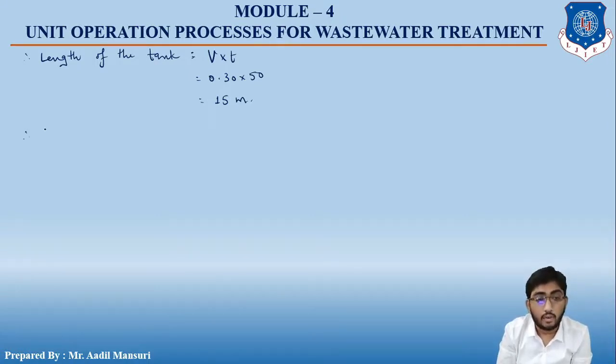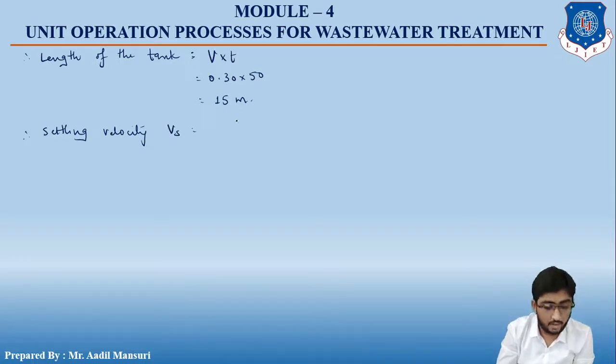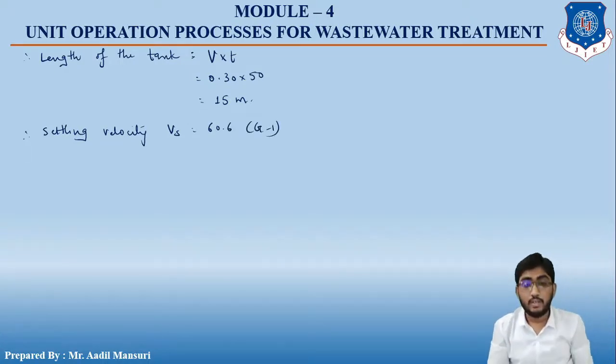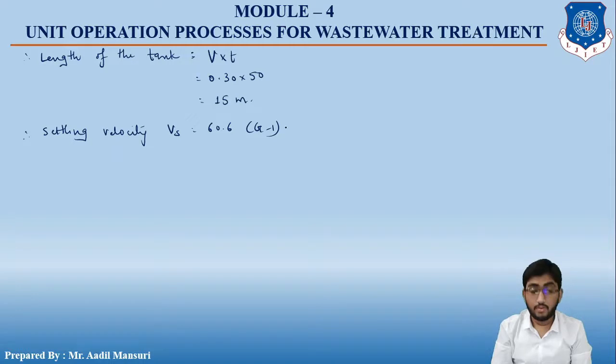Next step is to find the settling velocity, right? So therefore settling velocity Vs will be equals to 60.6 G minus 1 into D into 3T plus 70 by 100, right?